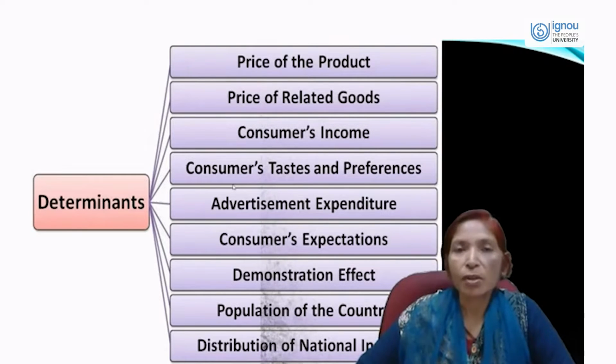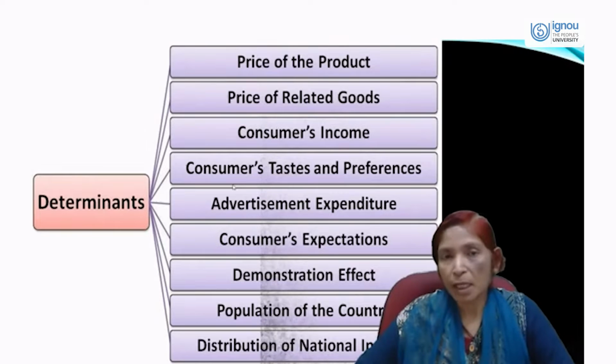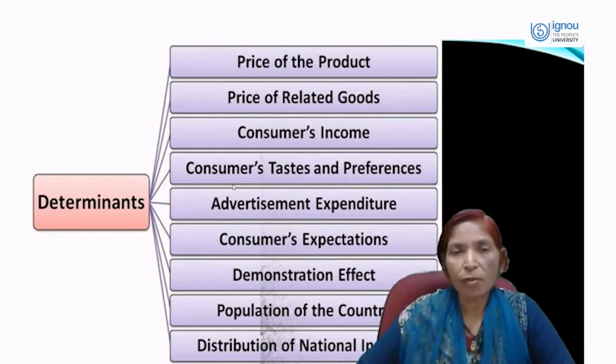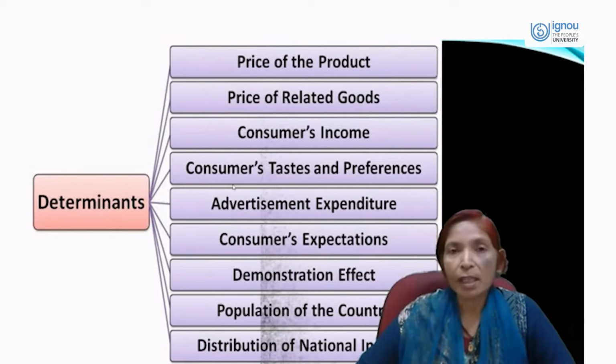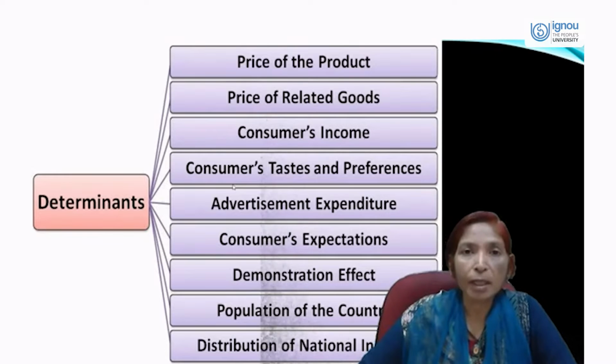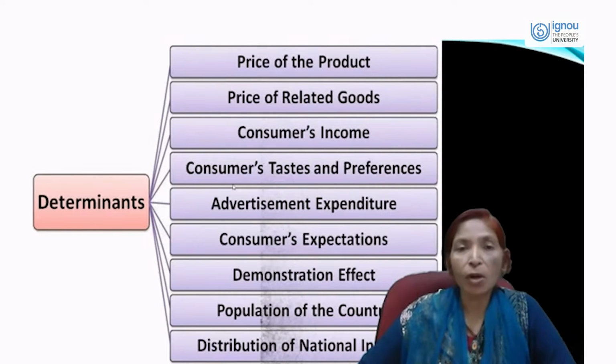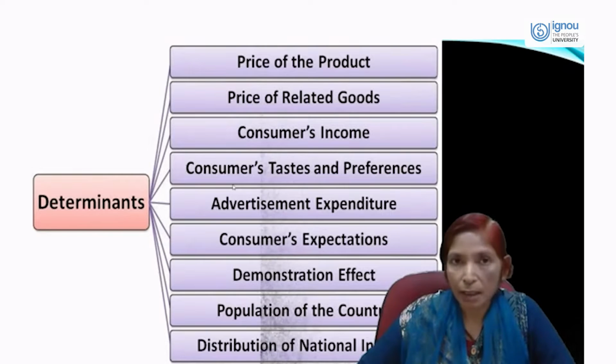Next is demonstration effect. Sometimes we demand a commodity not because we actually need that commodity. Demonstration means if we see that other people are buying that commodity, then seeing that, we also become willing to buy it. That is called the demonstration effect.